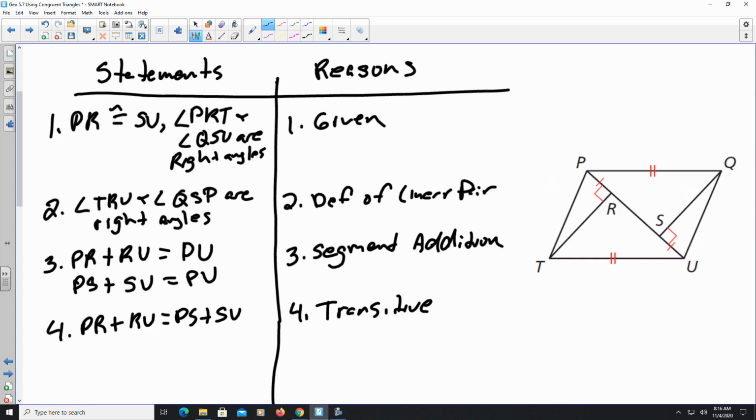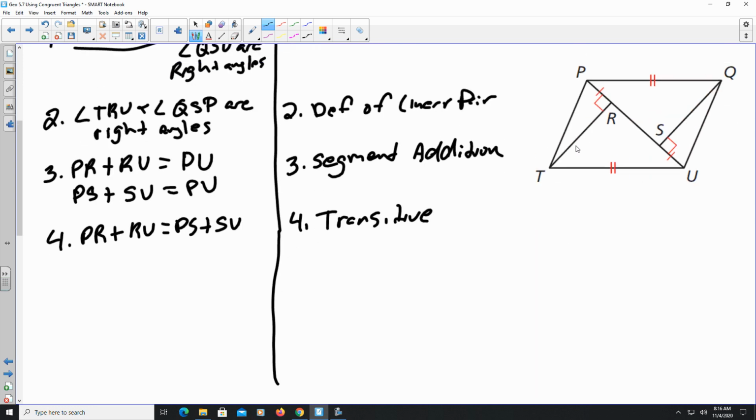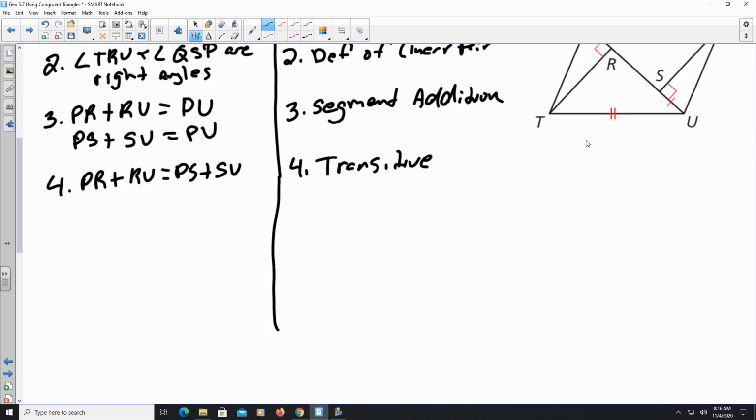Looking at this statement, PR is congruent to SU, so I'm going to substitute PR out. For part 5, I'll say that SU plus RU is equal to PS plus SU. You could have easily substituted the other way around. It's not a big deal.